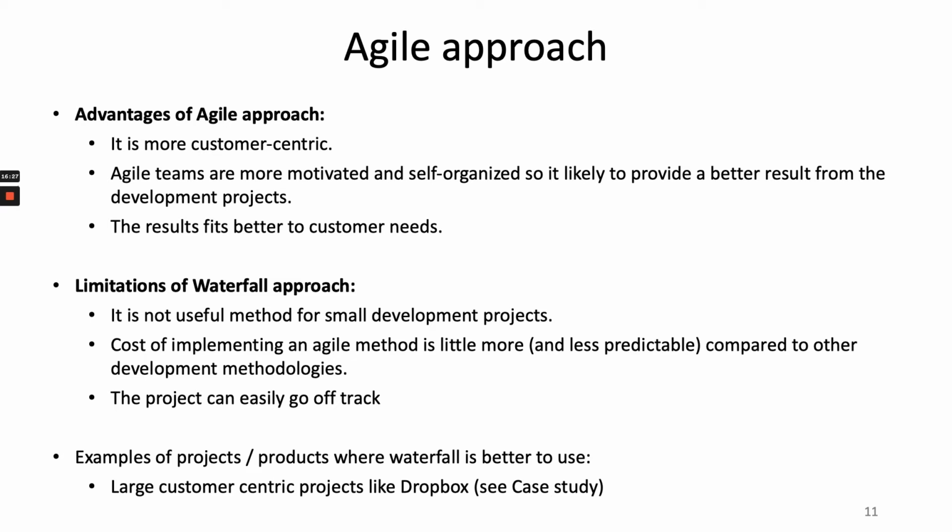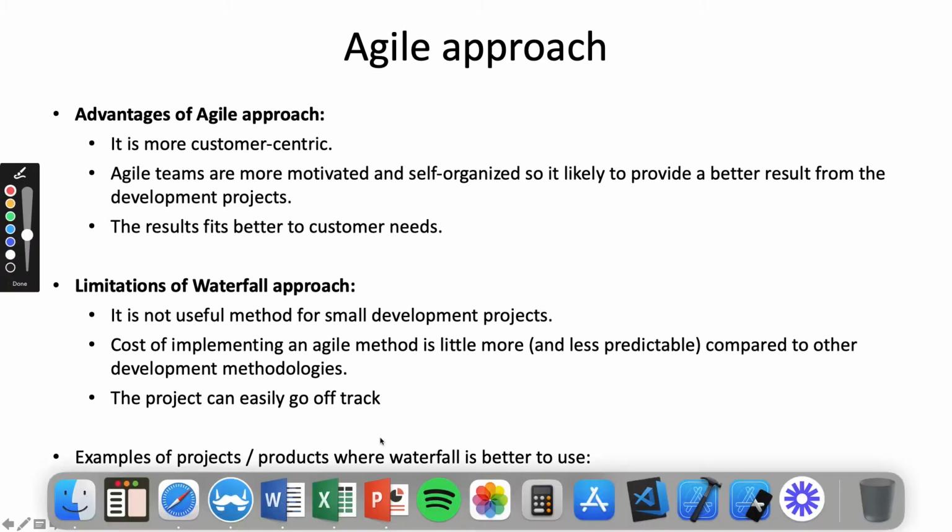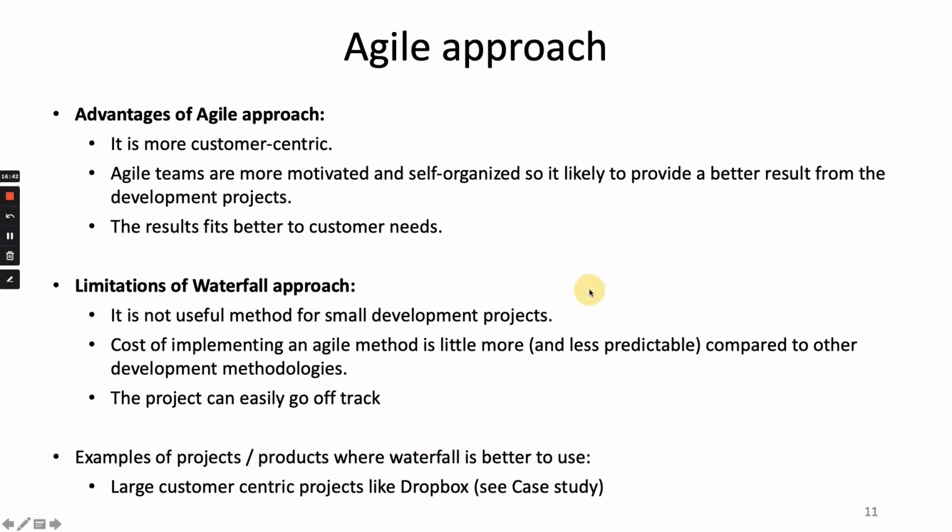The examples of products where agile is better to use: a large customer-centric project like Dropbox.